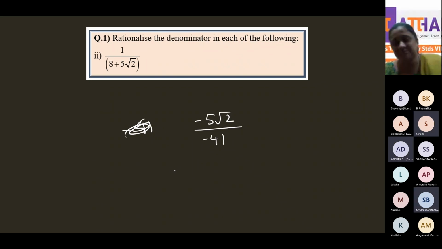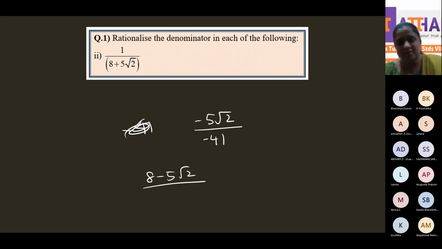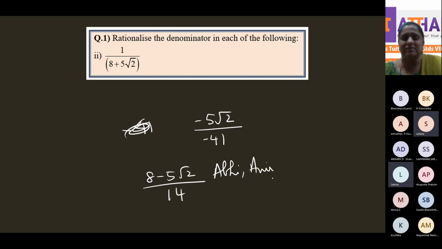Tell me. 8 minus 5 root 2 divided by 14. Abhishek? Yes, ma'am. Anirudhan also, ma'am. 8 minus 5 root 2 by 14. Okay, yes, Anirudhan.